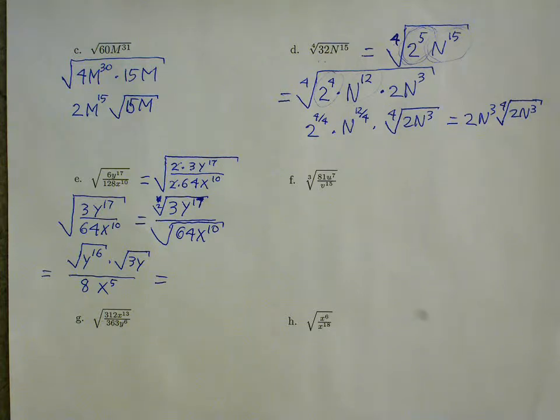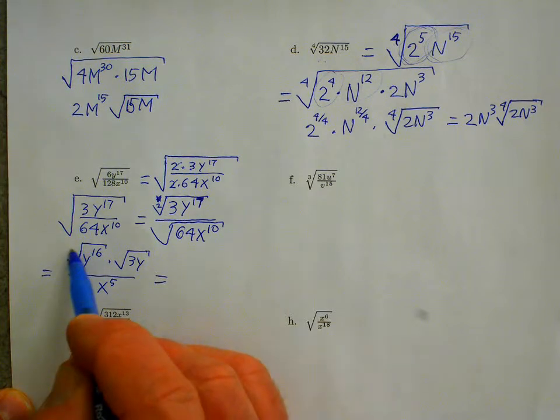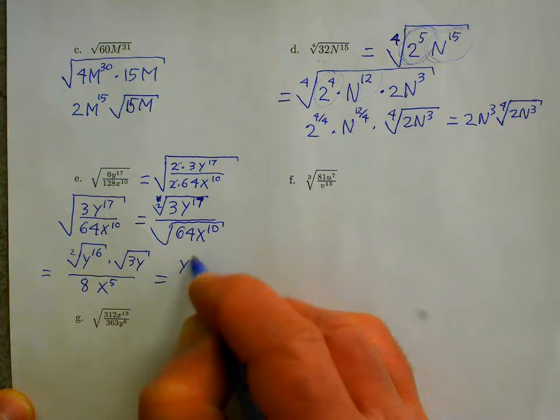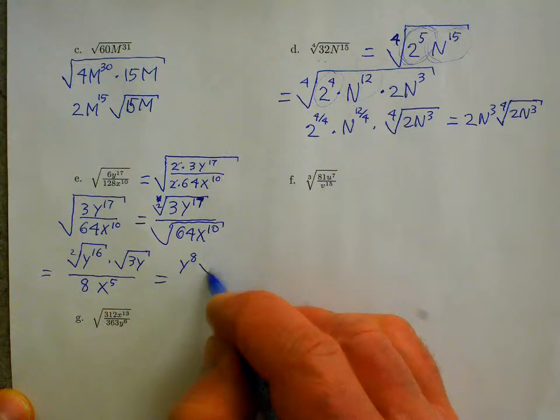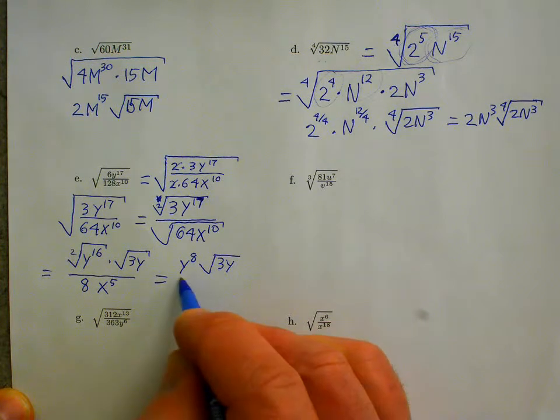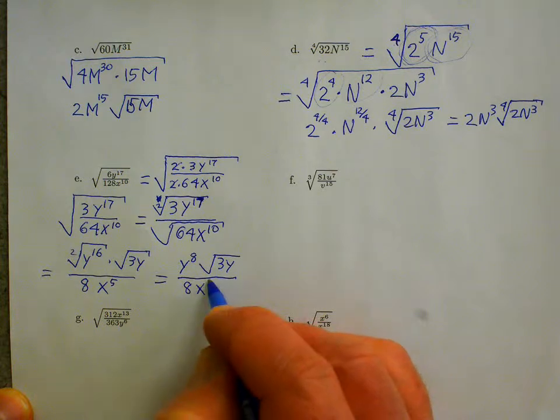So it simplifies to y to the 8th, because 16 divided by the index 2 is 8. So it's y to the 8th times the square root of 3y in the numerator, and the denominator is 8x to the 5th.